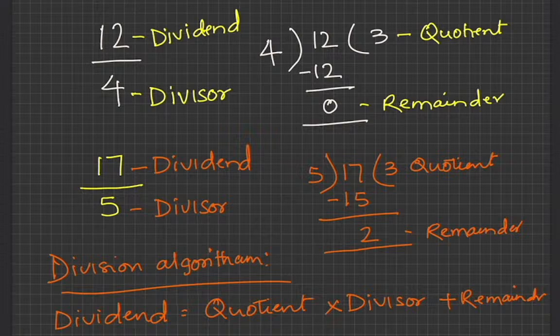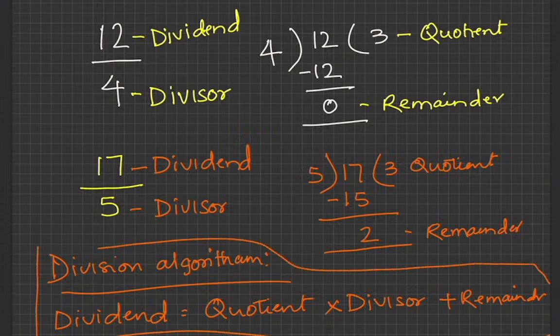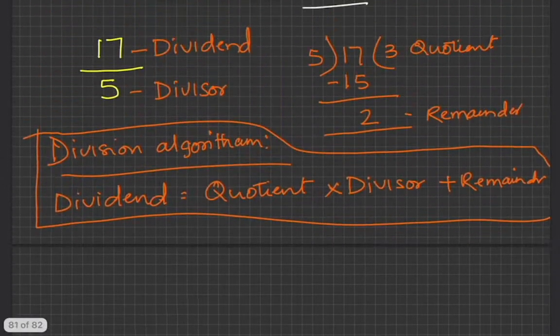This is also what we call the division lemma or division algorithm. This is how we can cross-check.